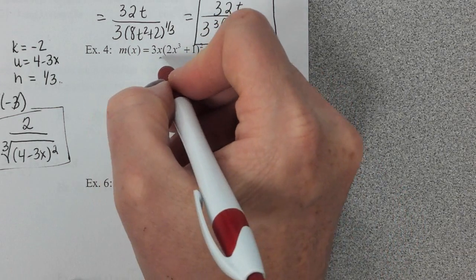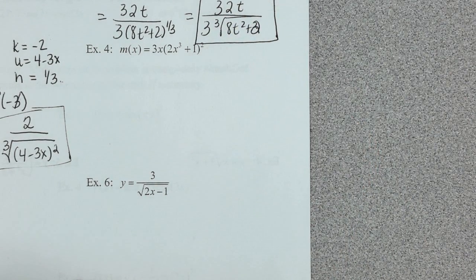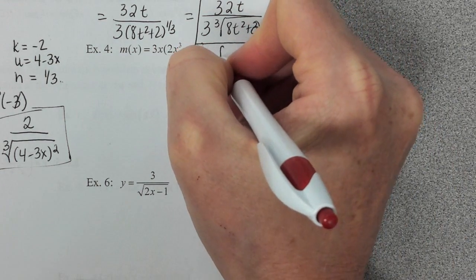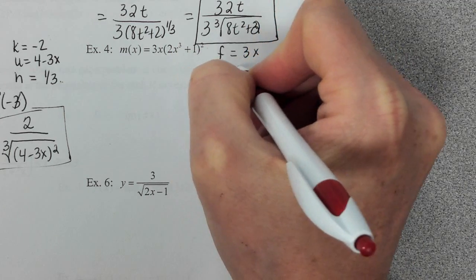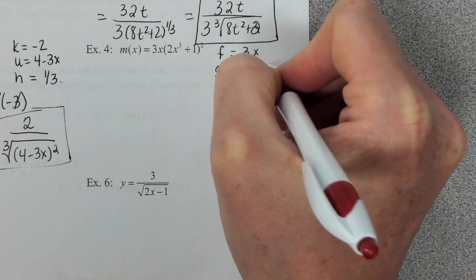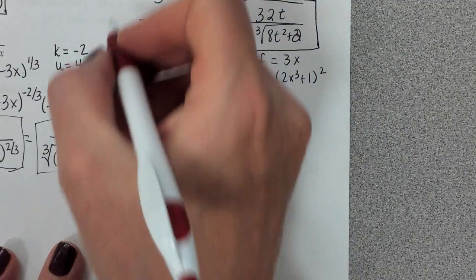So instead, since this is a variable, what do you think we're going to have to use at the beginning? Product rule. So I have to identify f is 3x. g is 2x to the 3rd plus 1 squared. So I'm going to have to use my product rule. I'm going to have to do f prime.